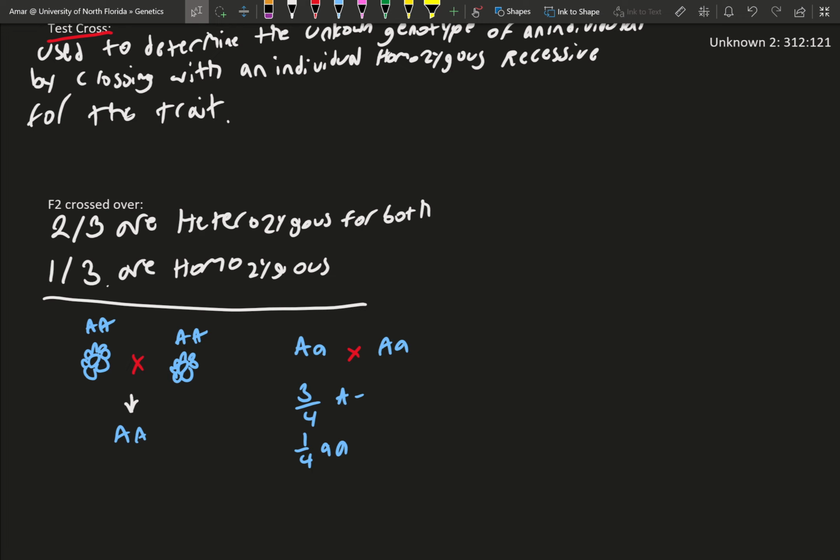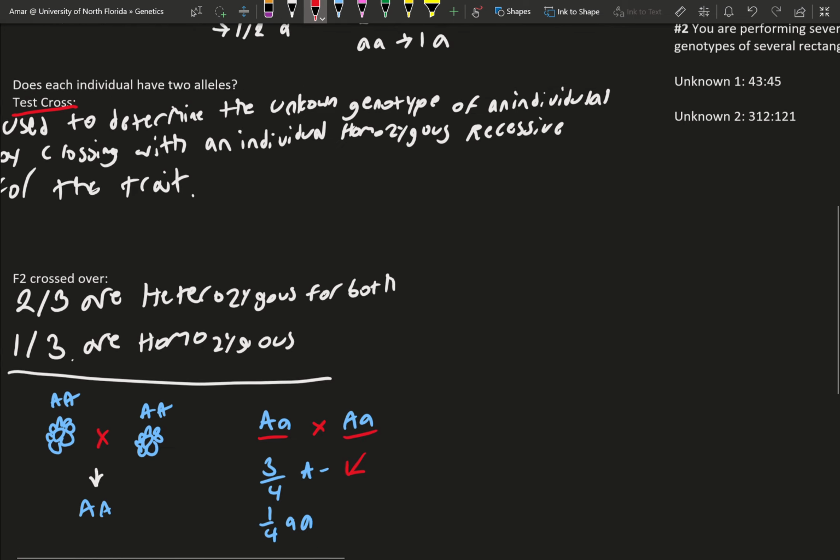So this is his assumption: if you had different genotypes, you're going to have different ratios from the following cross, and that will confirm that this is in fact two alleles causing this inheritance pattern.